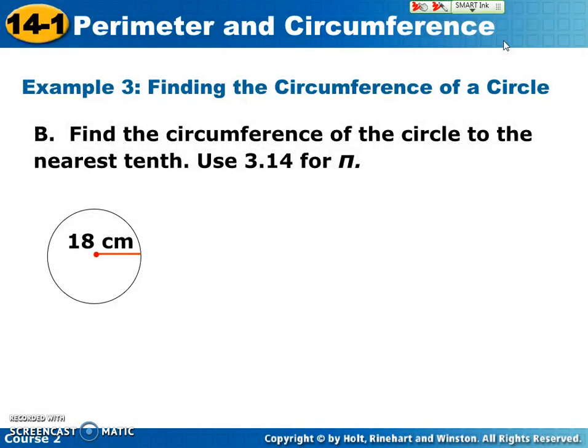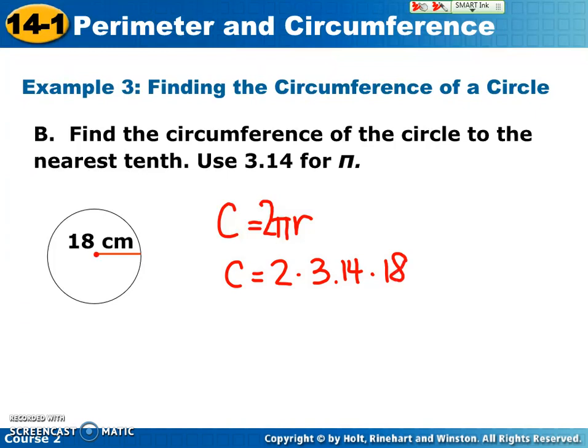All right, here's our second example, though, for circumference. This time, you notice we only have the radius halfway, so this is 18 centimeters. So we're going to use, almost forgot my 2 there. So 2 times 3.14, right?